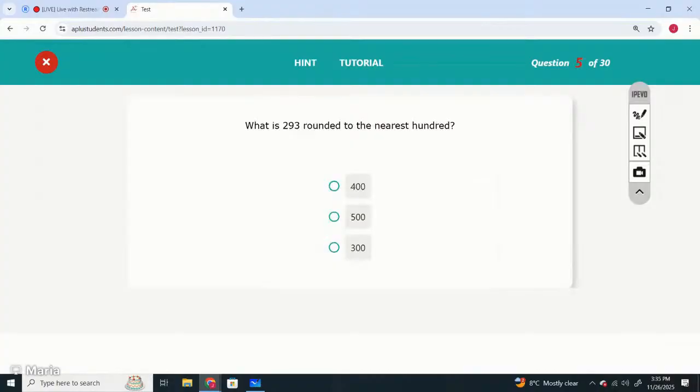What is 293 rounded to the nearest 100? 293 is rounded to. Very good. It is rounded to 300.